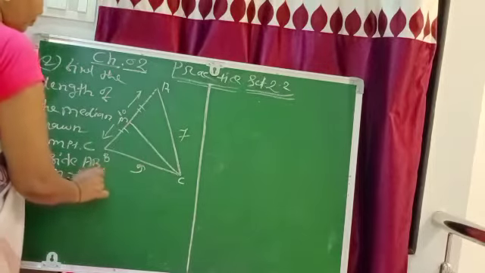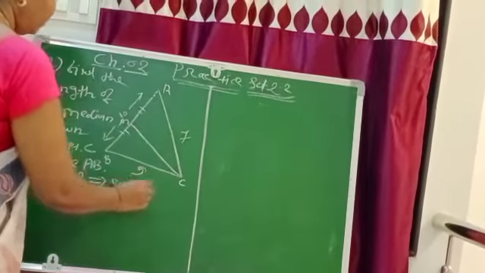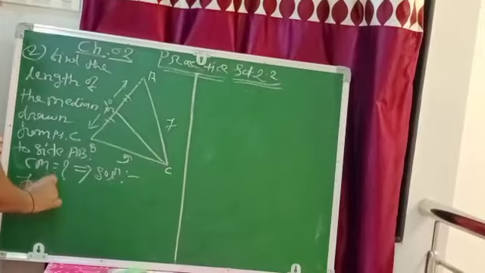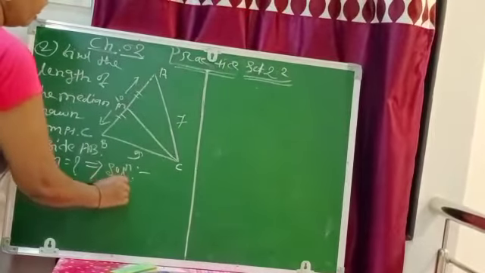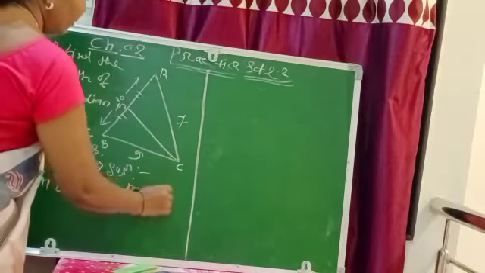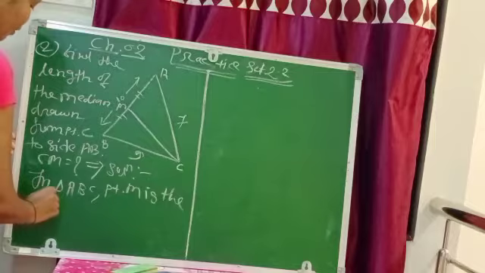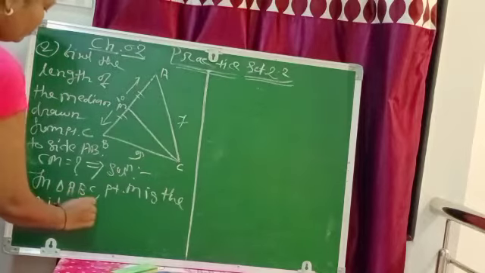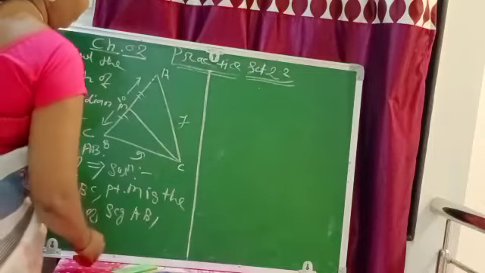Solution. In triangle ABC, point M is the midpoint of segment AB.